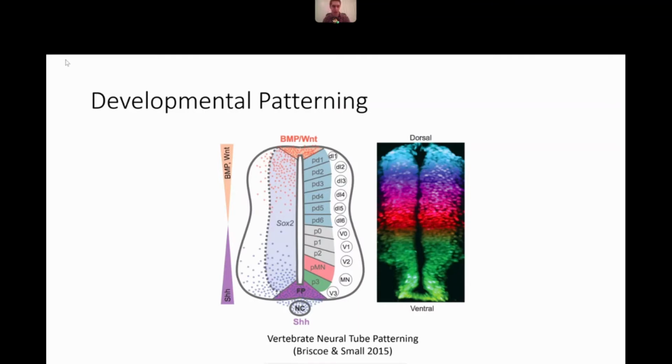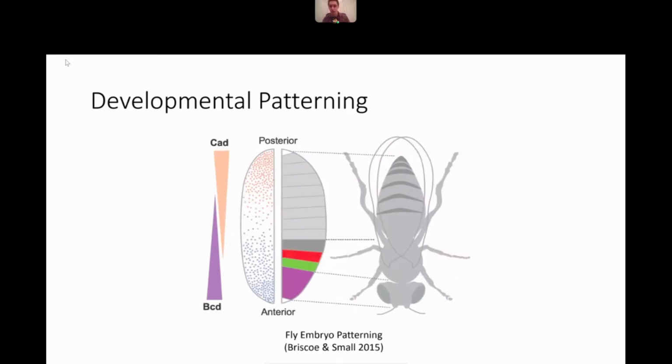These are SHH, BMP, and WNT, and that is enough for these cells in the neural tube to differentiate in this pattern, no matter what size the neural tube is. Similarly, for flies, there are 2 morphogens that determine the patterning of a fly embryo that corresponds to adult flies as well.